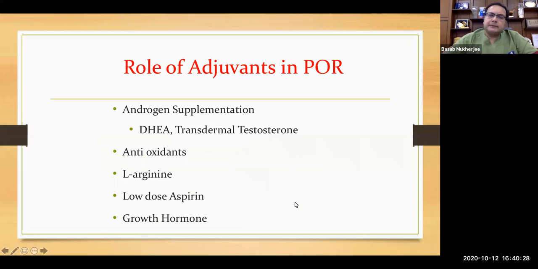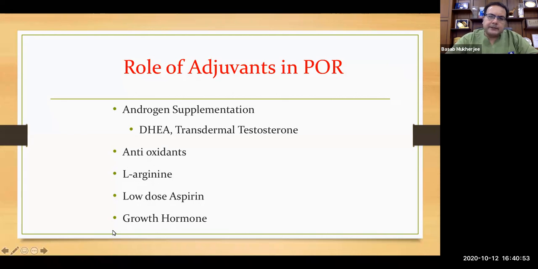Adjuvants in poor ovarian reserve include androgen supplementation in the form of DHEA. That's a very popular drug now, which has been used for any woman who has a low AMH. A lot of people would like to use that along with the stimulation, whatever they would like to give. Antioxidants are very commonly used for a lot of issues, and this is no different.